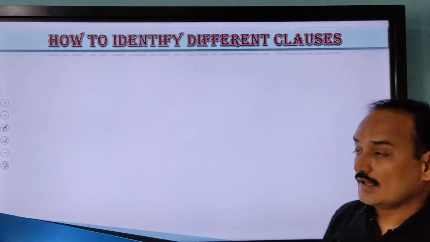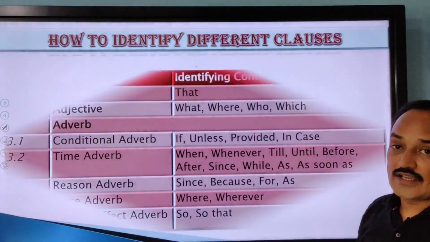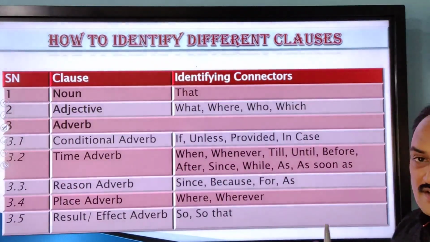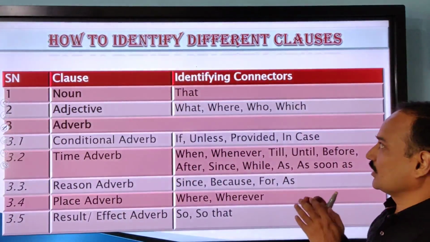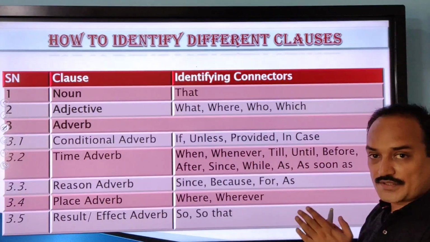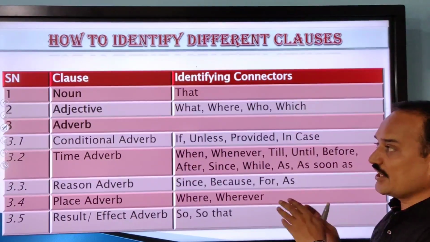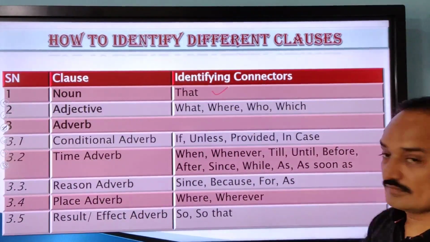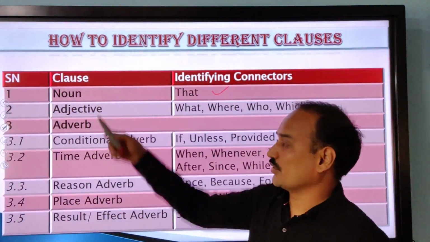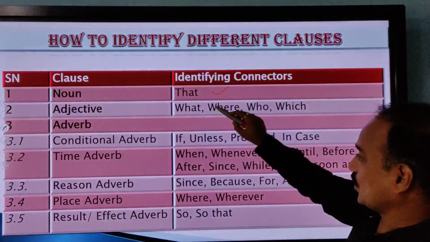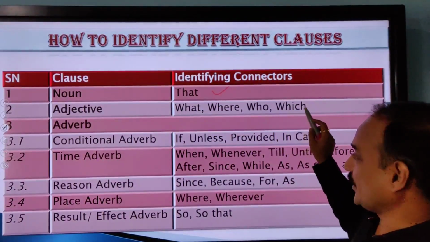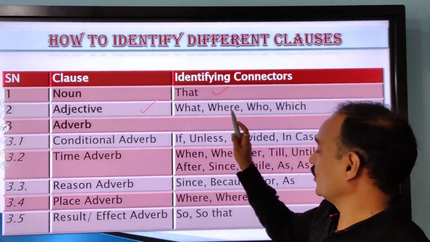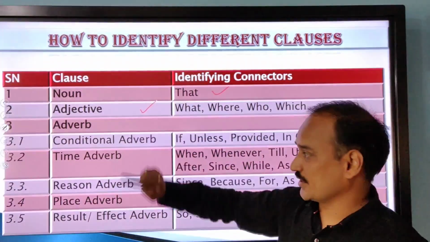Next, how to identify different clauses. Some basic connectors, conjunctions, point to the clause. Suppose there is that, it means it is a noun clause. It is what, where, who, which, adjective.